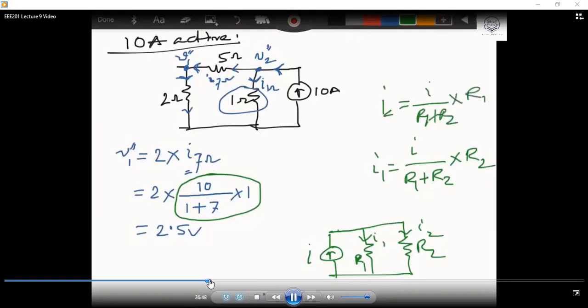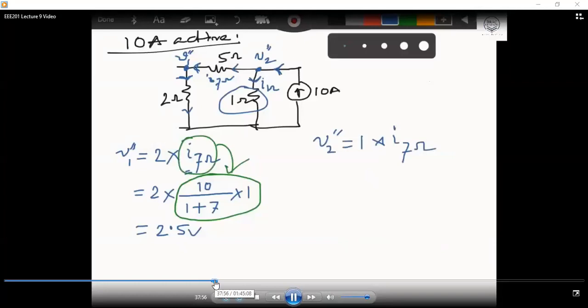Can you remember this? Yes, sir. That's what I have done here. I found I7 equal to this, in the same way.